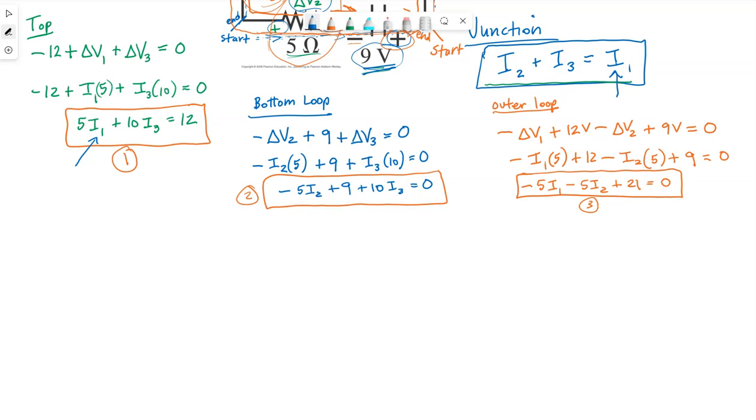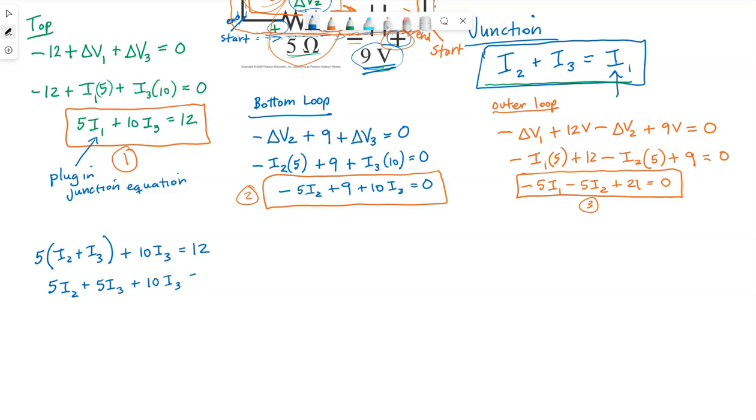So plugging in the junction equation. This is just a system of equations. You have solved systems of equations before. So for I1, I'm going to put I2 plus I3. And as I finish the equation, I now have 5I2 plus 5I3 plus 10I3 equals 12.